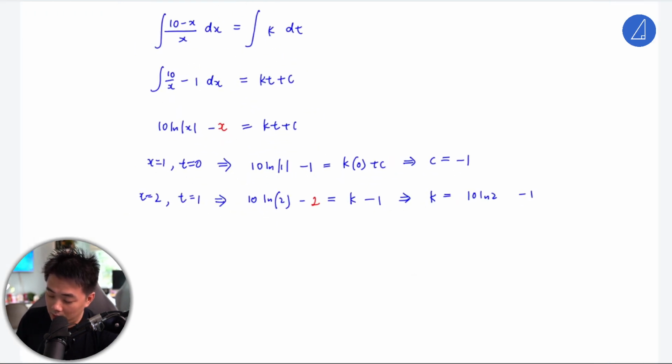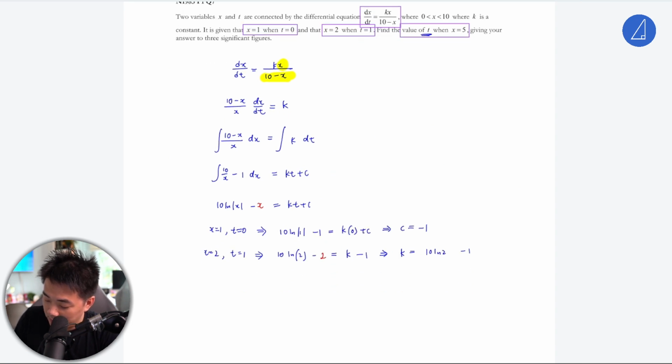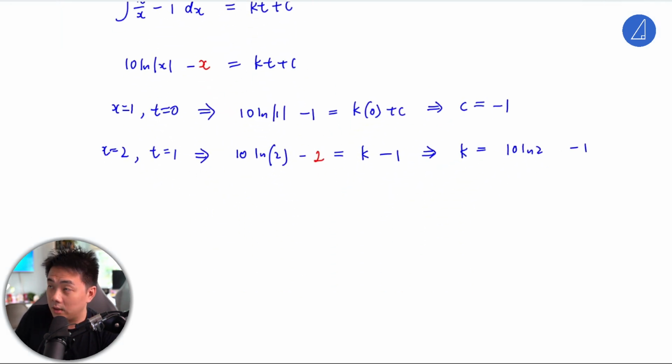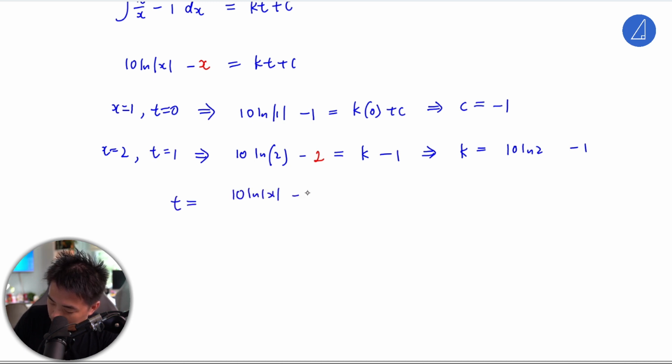I got all the variables there, but what I need now is to find t when x is 5. So I'm going to use this equation and make t the subject. So t will be (10 ln x minus x minus c) over k.